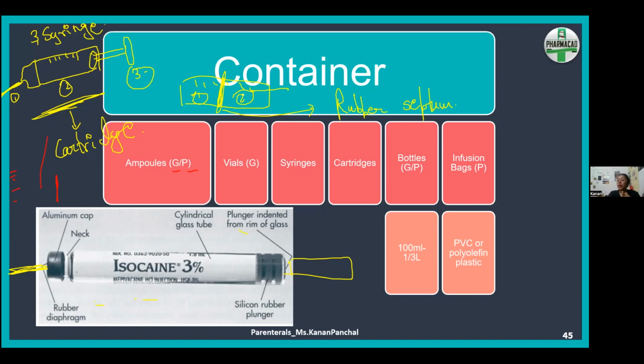Most of the issues are because of compatibility and stability. If we gave it already pre-mixed, it would be much easier, but then there might be issues of compatibility and stability. That is why it has to be separated. And because it's again a low dose. If you want to mix two drugs separately and give, you can also give through an IV bag. In the IV bag you first put one, then you put your second formulation. But what if you just want to give 10 ml to the patient?